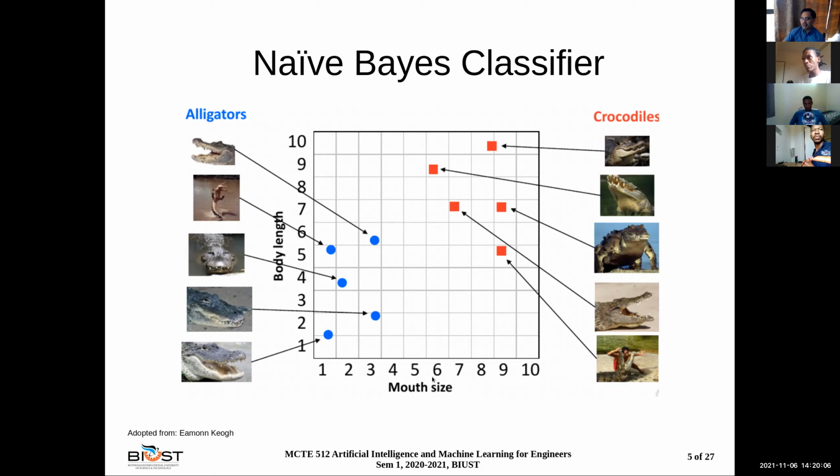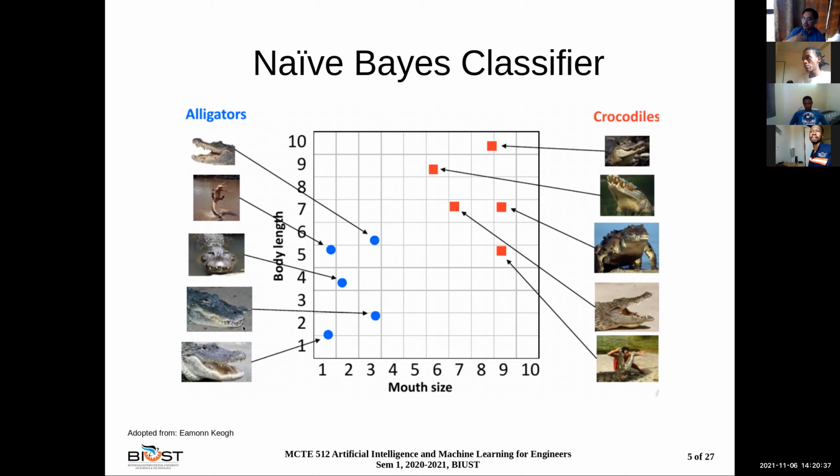So here they say that for alligators the mouth is smaller. This is the dimension of the mouth, maybe inches, maybe the width, not the length.